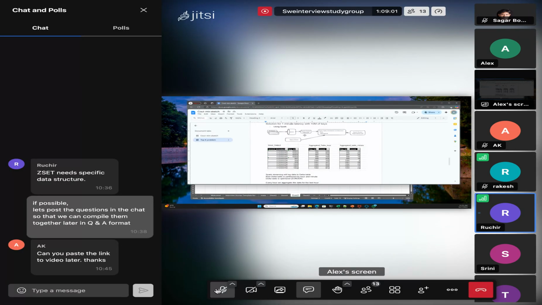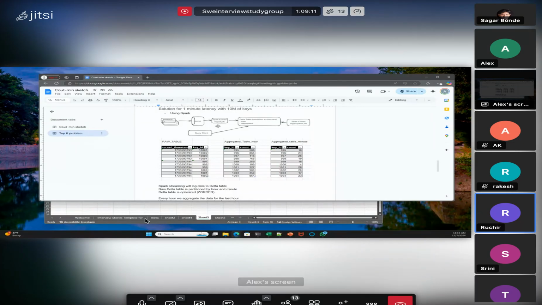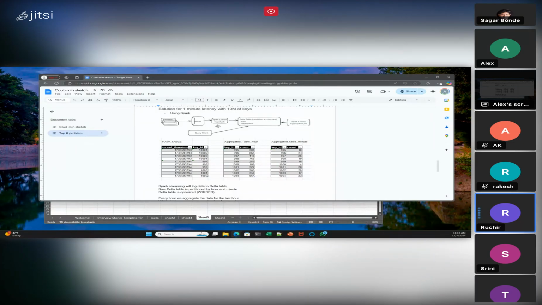But if it is a leaderboard sort of problem, wherein we have to display the scores in real time, or even this problem where we have to show the top tier in real time, then we may not be able to afford to write to the disk. We might have to do everything in memory, just in the interest of latency. That is something we can do as well instead of writing it to disk, right?